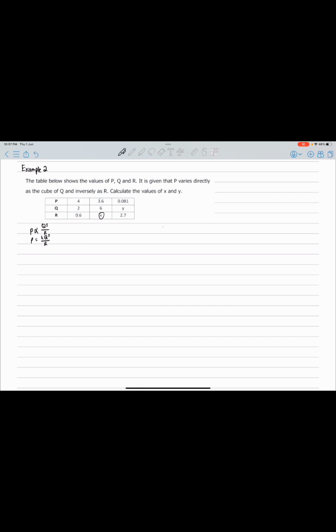So let us find k with the given first column.